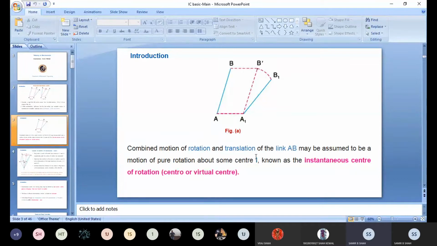We are not getting the separate translation and rotation individually. Though the point B moves faster than the point A, as we see here.